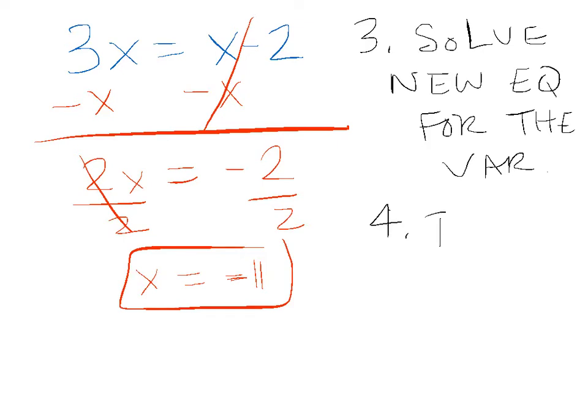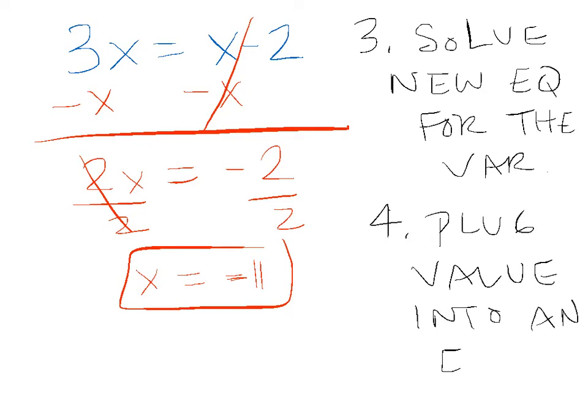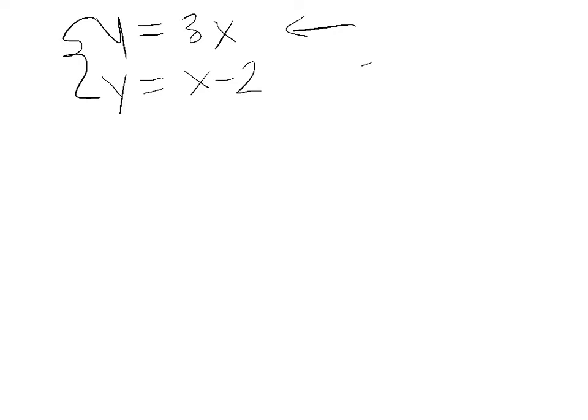So now step 4: plug this value into an equation. And when I say into an equation, I mean one of the first two equations. It does not matter which equation you choose. I started with y equals 3x, and then I had y equals x minus 2. I'm going to plug it into one of these two equations.